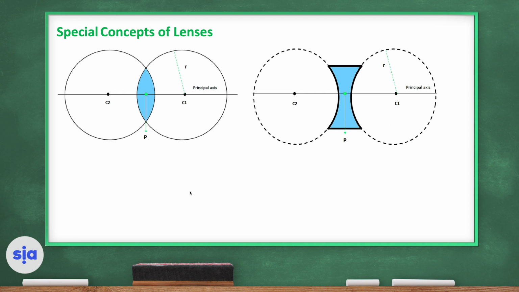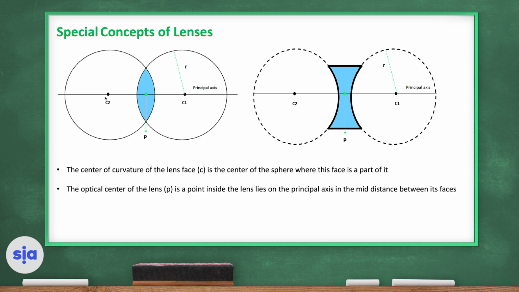We discussed before that lenses, whether it is a convex lens or a concave lens, are part of two spheres. The center of curvature. We have here two centers of curvature because we have two spheres, so C1 and C2. And this is the principal axis which passes by the centers of curvature. The optical center of the lens is a point inside the lens, whether the lens is convex or concave.